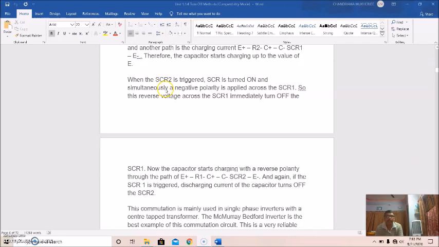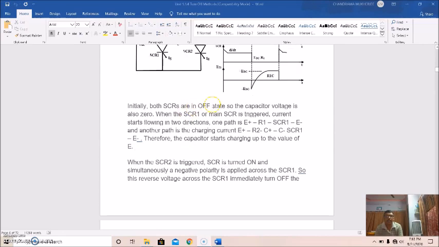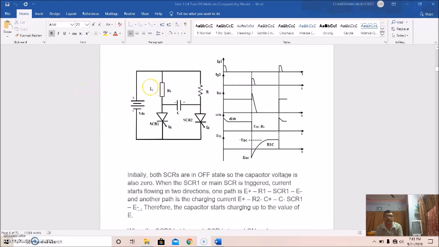Okay, and again, if SCR1 is triggered, the discharging current of the capacitor flows, this is one part, and another part is this.